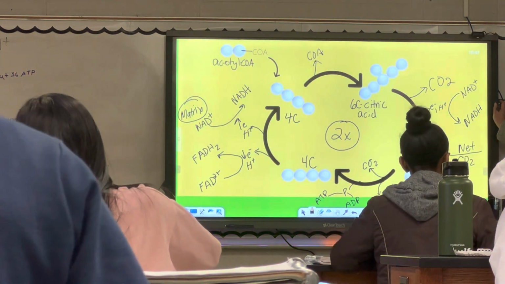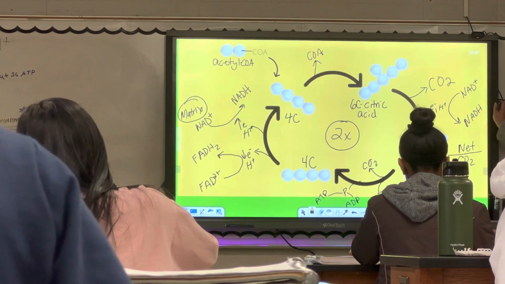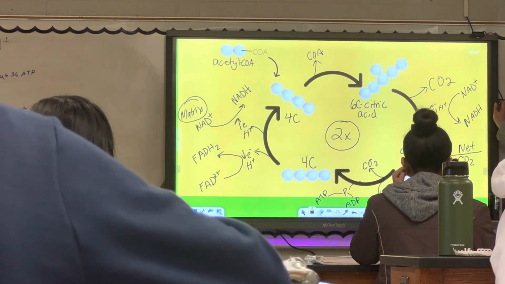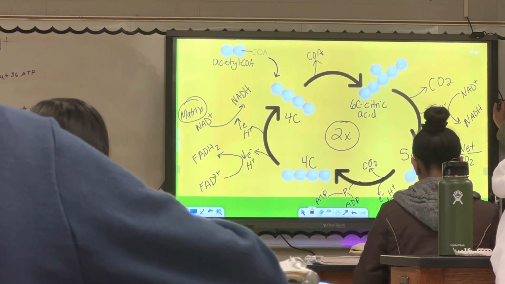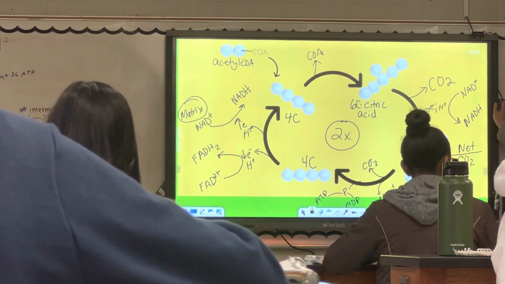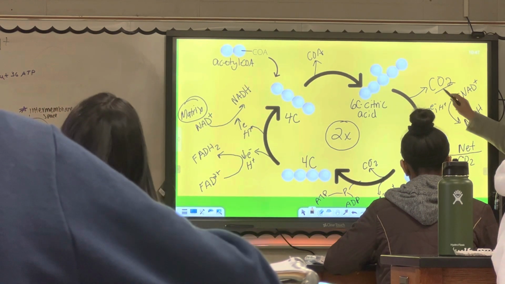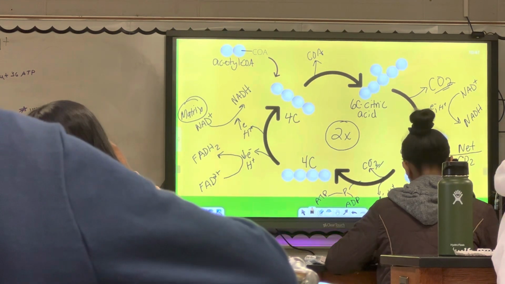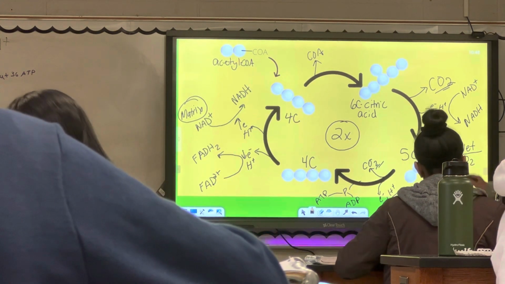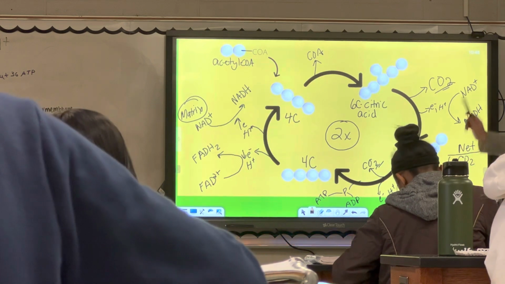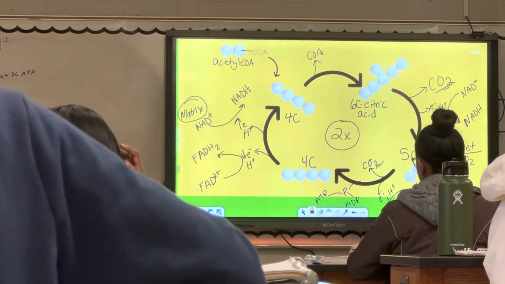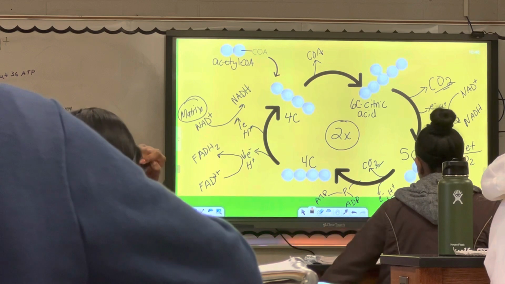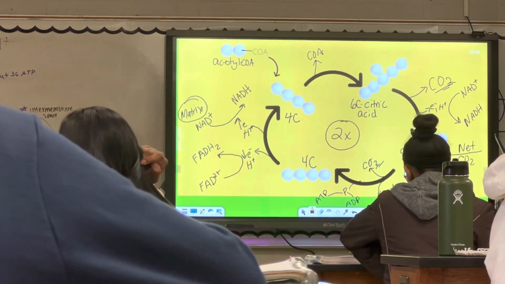How many get produced in pre-Krebs? 2, right? There was only 1 there, but how many times does it happen? 2. So there's 2 from pre-Krebs, and then there's 1, 2, that happens twice, 3, 4, so 4 and 2 make 6. So all of the CO2 from our equation, all of it comes from Krebs. Got Krebs in the title, that's where it comes from.